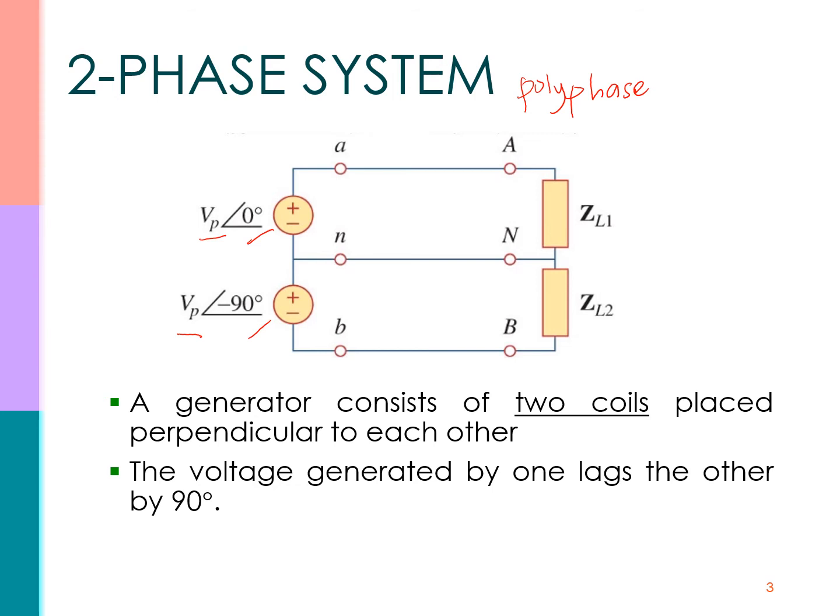A two-phase system is produced by a generator consisting of two coils placed perpendicular to each other, so that the voltage generated by one lags the other by 90 degrees.